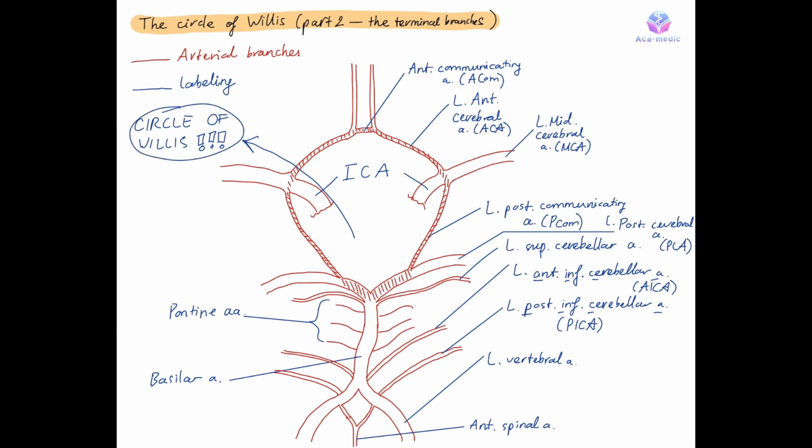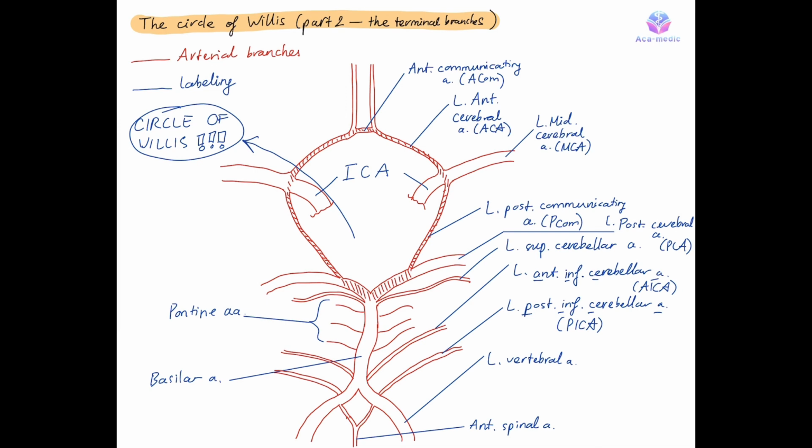So note one thing that is very, very important. The MCA, the middle cerebral arteries, are usually not included as a part of the circle of Willis. The circle of Willis only includes the anterior cerebral arteries on either side, the anterior communicating, the posterior communicatings on either side, as well as the two very small segments called P1 of the posterior cerebral arteries.